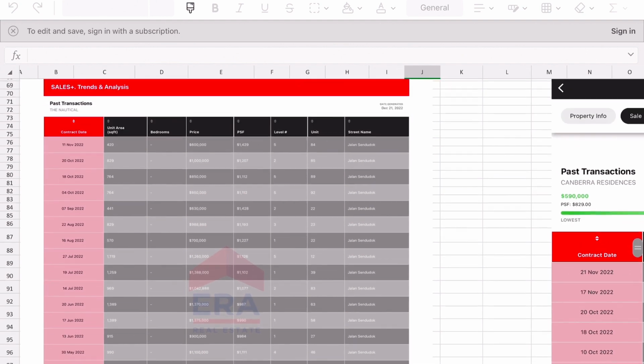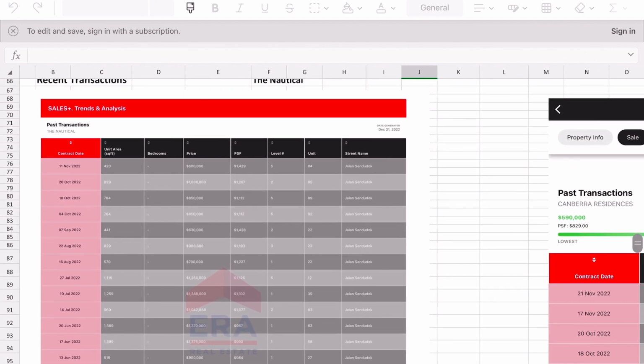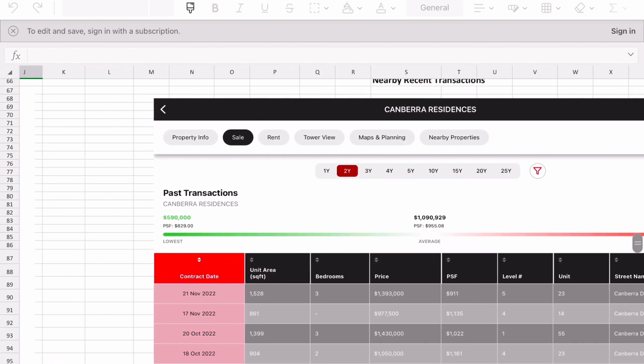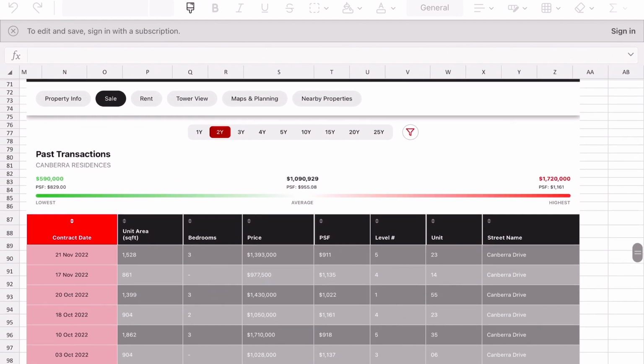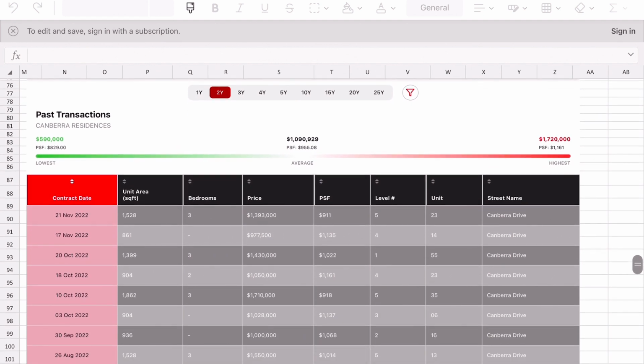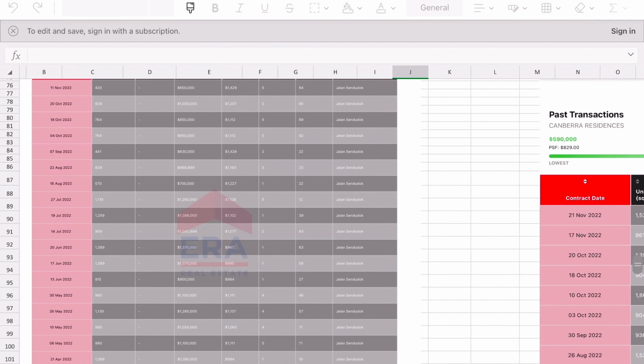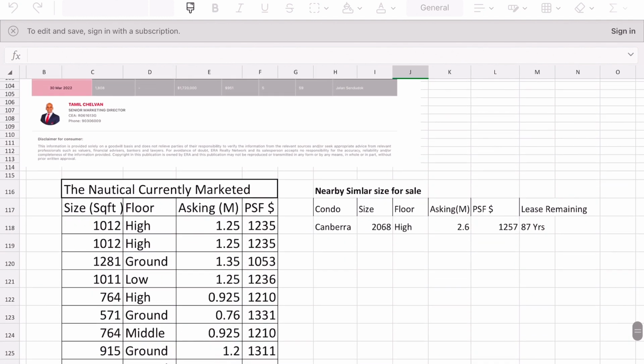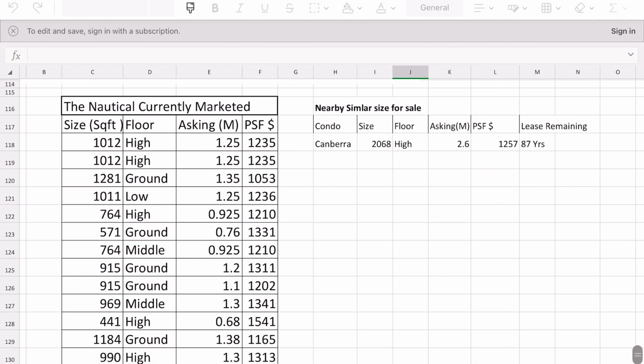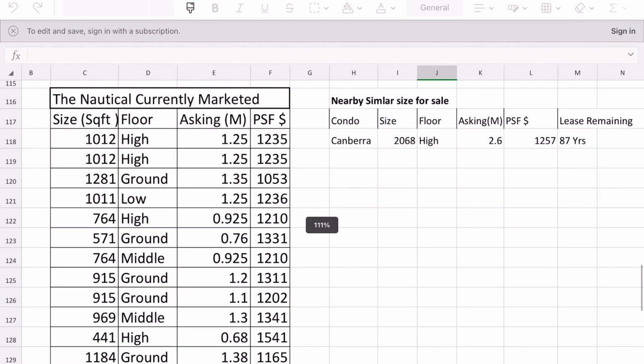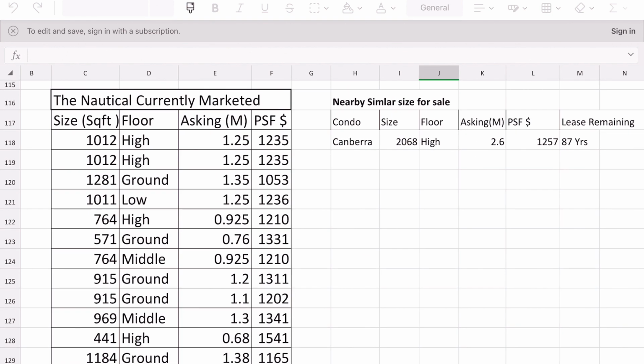We also need to look at the recent transactions in nearby property, so we understand where the prices are going for similar size units as well. Then we finally look at the currently marketed prices. We all know that asking price and transacted price, there is a difference.